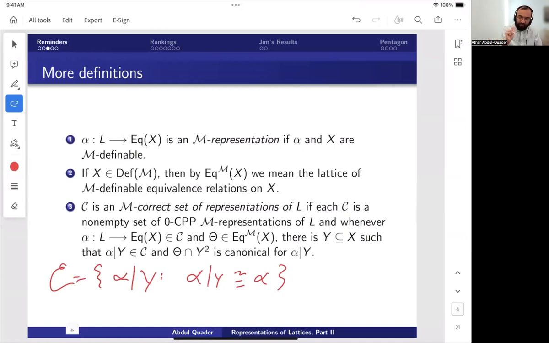So this is not true in general. This is only true because this lattice B2 has very nice combinatorial properties. Sorry, go ahead, Jim. Right, but that's only for end extensions then.